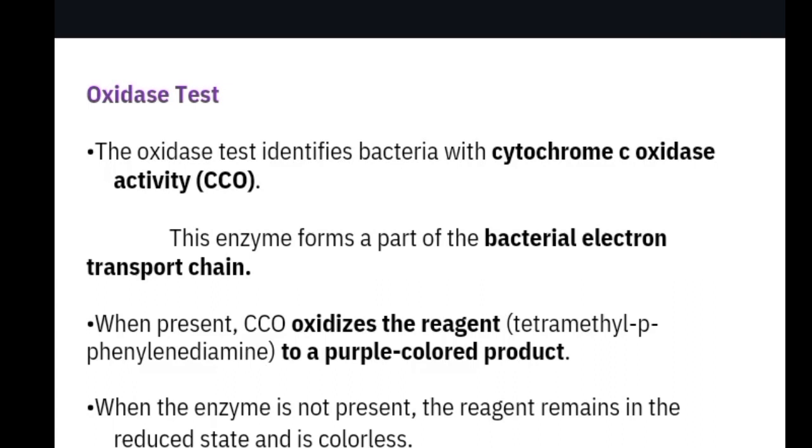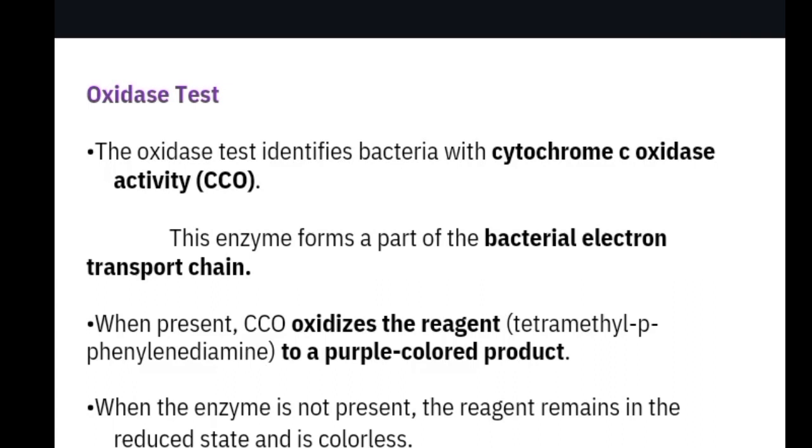The second one is the oxidase test, which we usually use as a simple biochemical test. The oxidase test identifies bacteria with cytochrome C oxidase activity, because there are a number of bacteria which have cytochrome C oxidase activity. As we know, this enzyme forms a part of the bacterial electron transport chain.